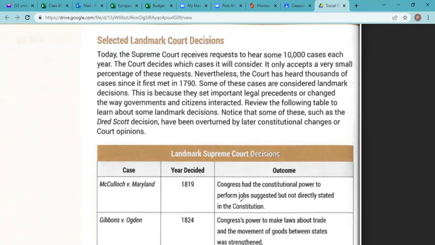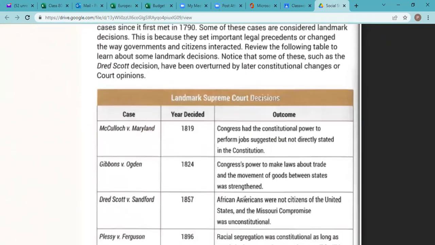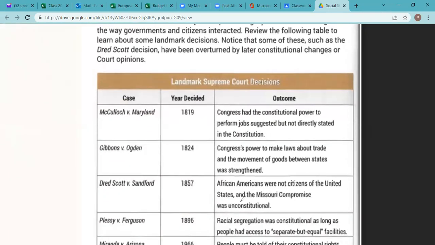Nevertheless, the court has heard thousands of cases since it first met in 1790. Some of these cases are considered landmark decisions. This is because they set important legal precedents or changed the way governments and citizens interacted. So review the following table to learn about some of these landmark decisions.